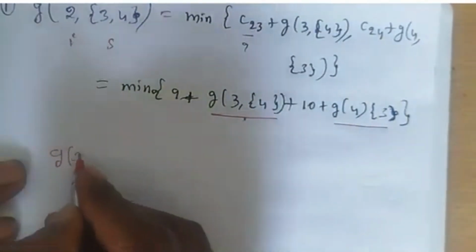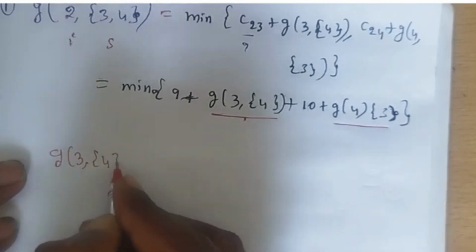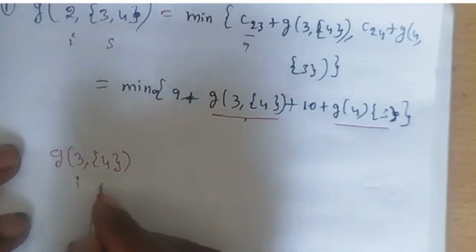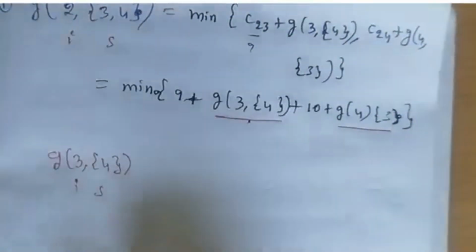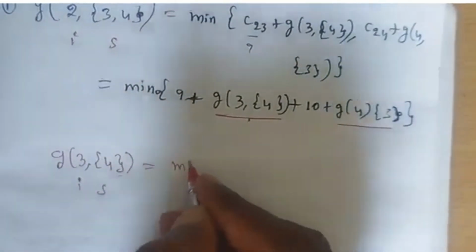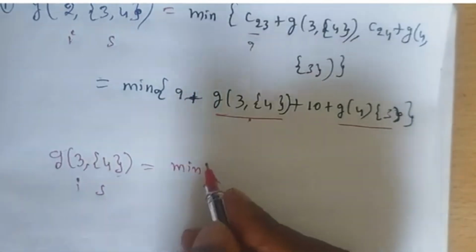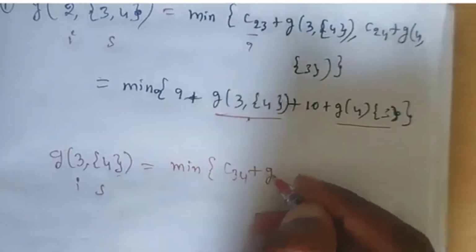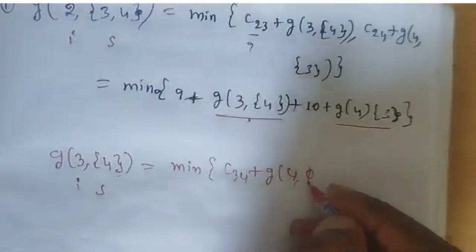So G of 3, 4. Again same like that. This is the I, this is the S. Same formula. Again I have to do the sub part here also. If you implement the sub part, what is the value here? Minimum of C34 plus G of 4 pi.